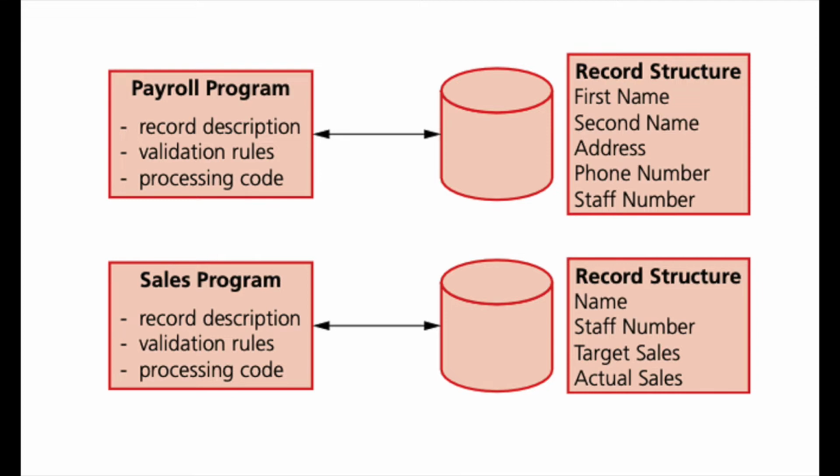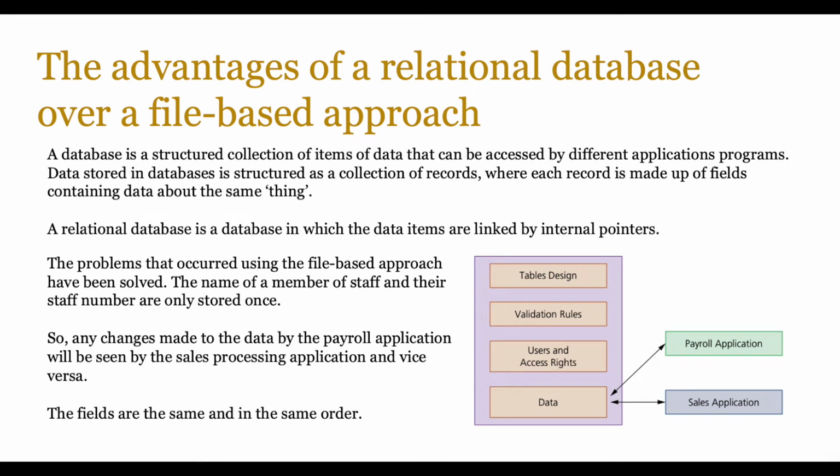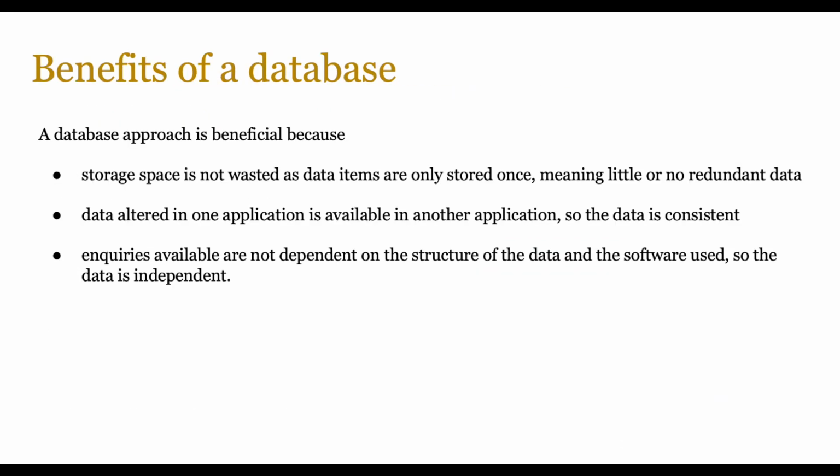Once we separate the staff name and the staff number, then those details are only stored once. So any changes made to the data by the payroll application will also be seen by the sales processing application and vice versa. The fields are the same and in the same order. That basically means that storage space is not wasted as data items are only stored once, meaning there is little or no redundant data.